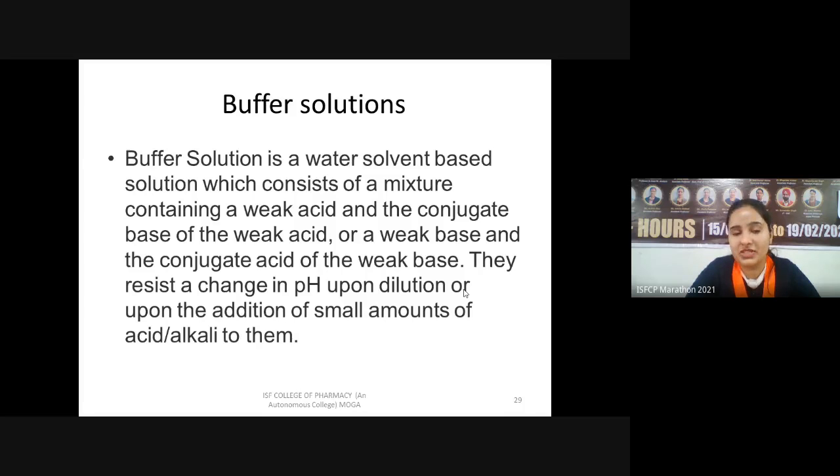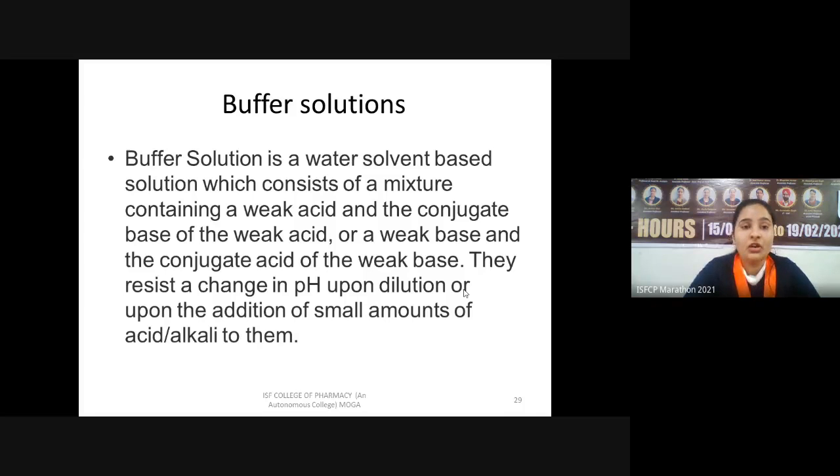So this is the buffer solution. It is a water solvent based solution which contains a weak acid and its conjugate base, or a weak base and its conjugate acid.